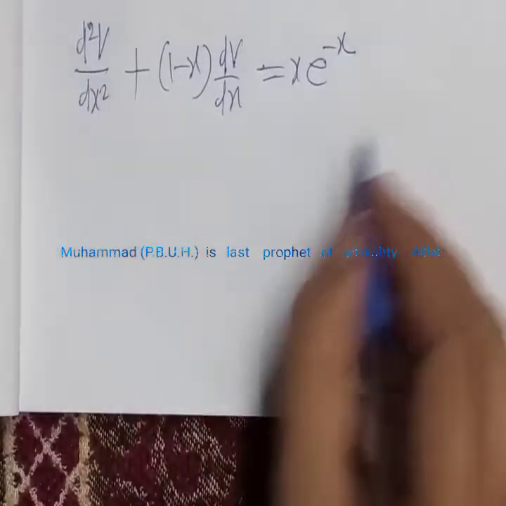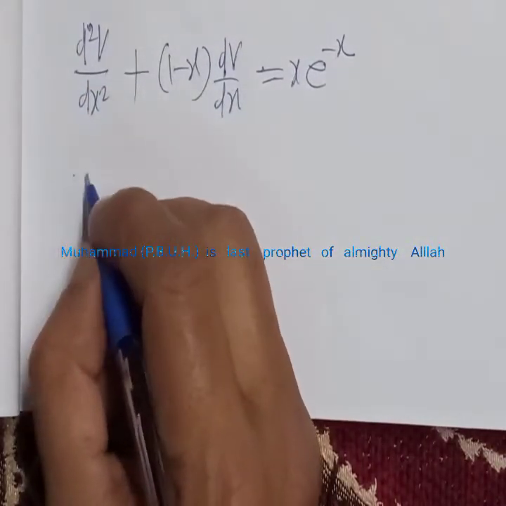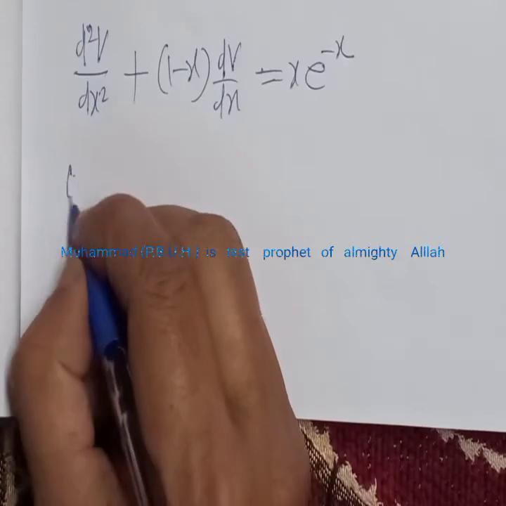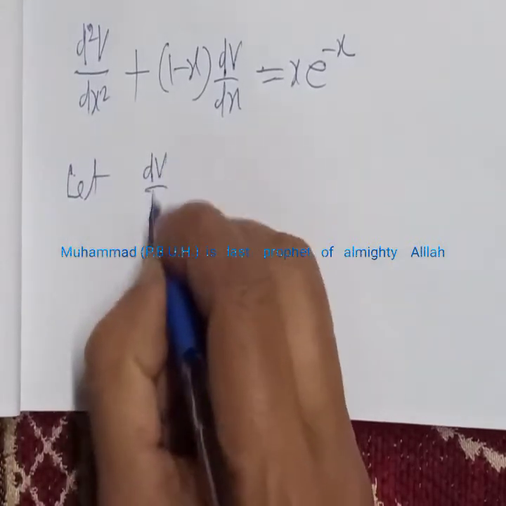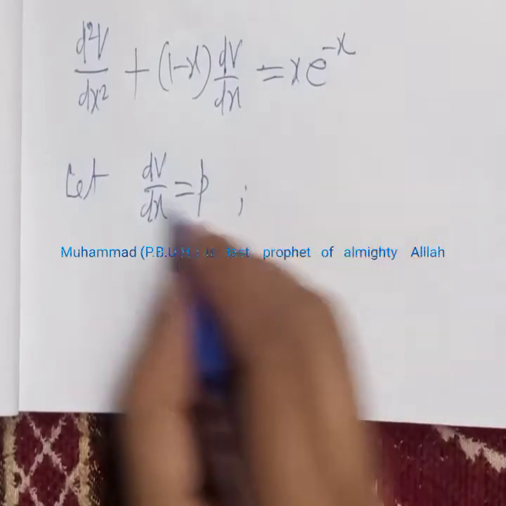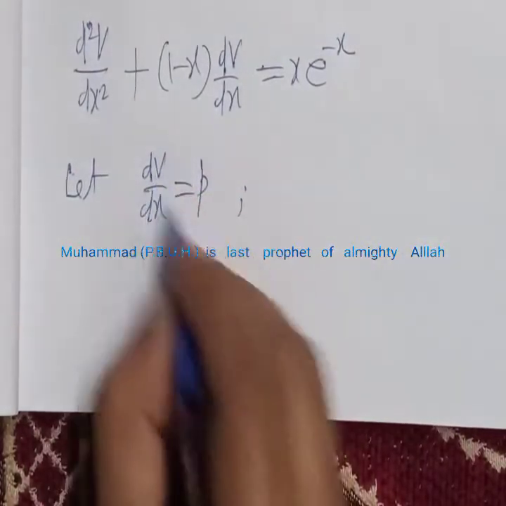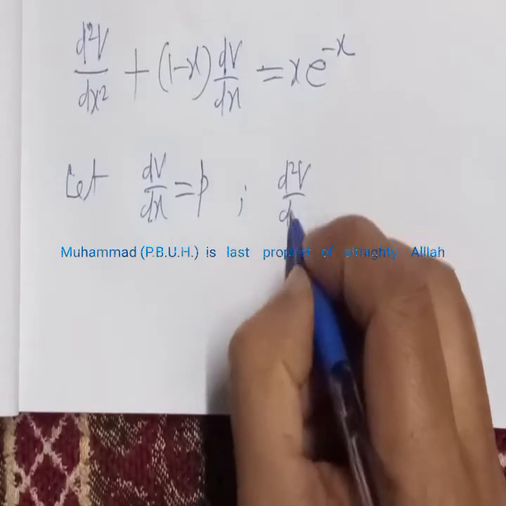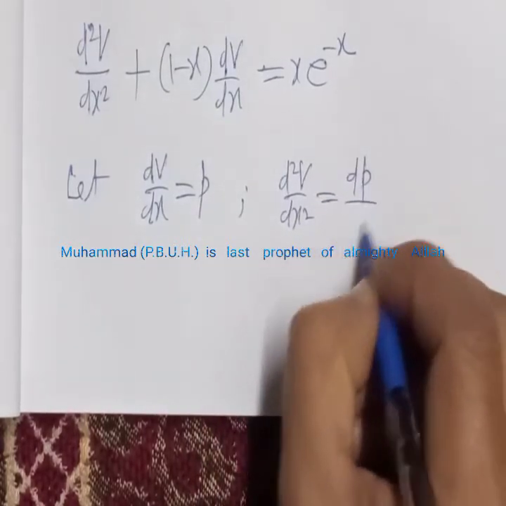To solve this equation, we can write dv over dx as p, so that on differentiating the whole equation with respect to x, we get d2v over dx square equal to dp over dx.